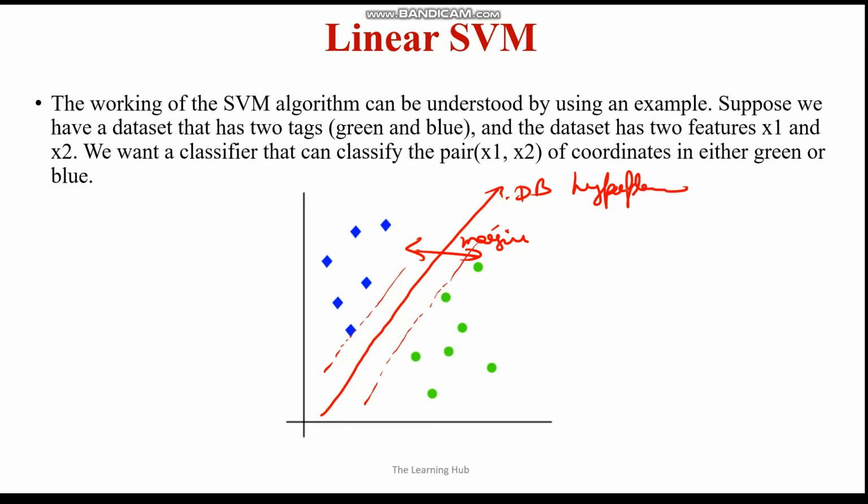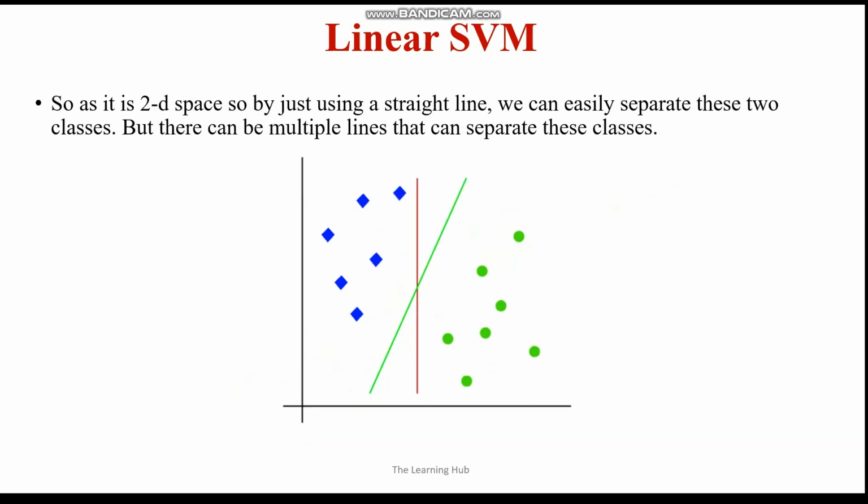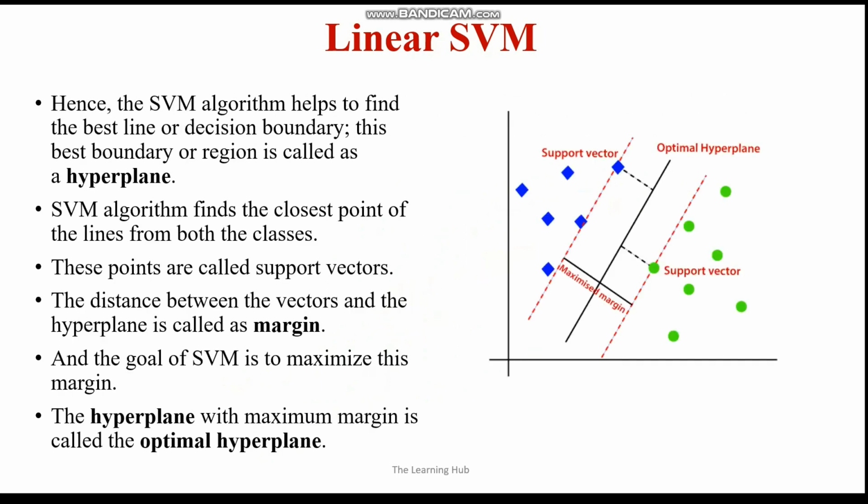So this is clearly a linear SVM, and this point and this point, this is support vector 1 and this is support vector 2. So I am having these two support vectors, which are the data points giving the clear separation between these two. This way we can get a 2D linear SVM.